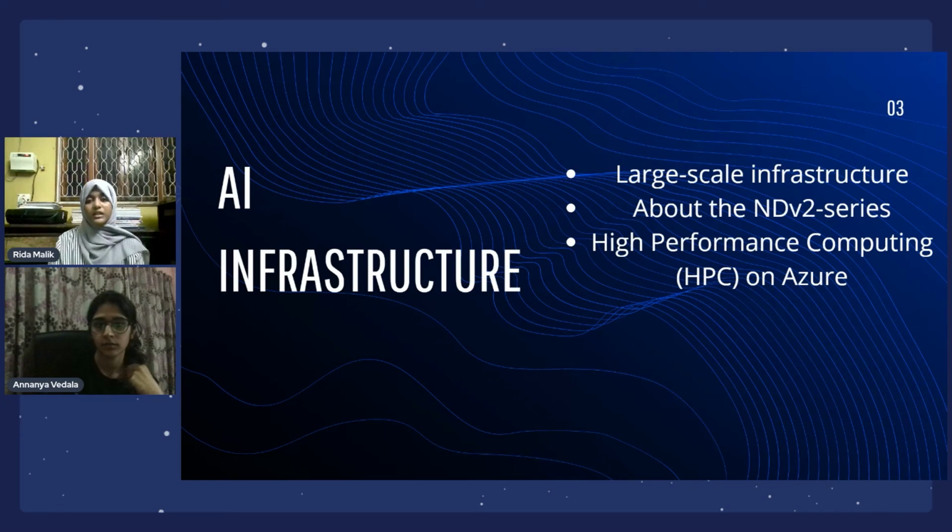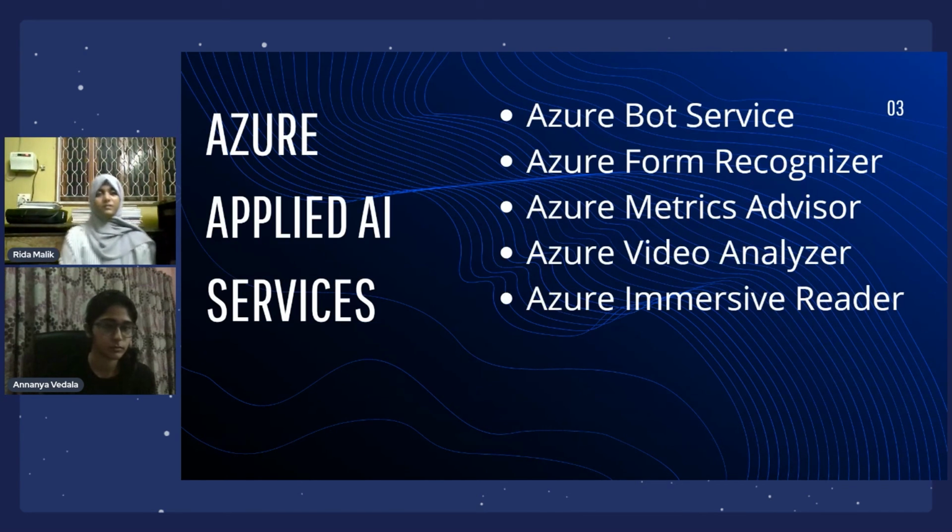The next one, you need a link connecting the different GPUs, and you need a network with different nodes, and they also provide a sort of connection for your GPUs. So that is a very broad description of the AI infrastructure that we are cutting short a little because of the time constraint. And moving on to the last topic, Annanya.